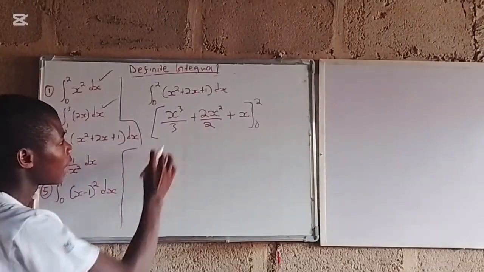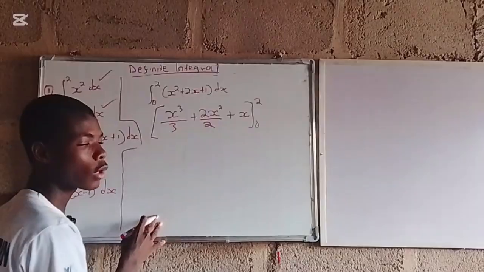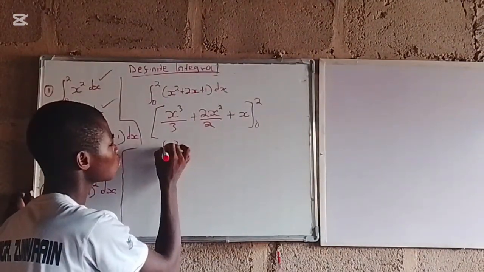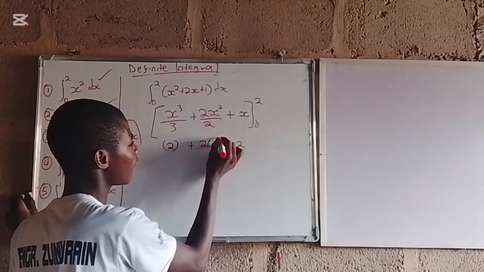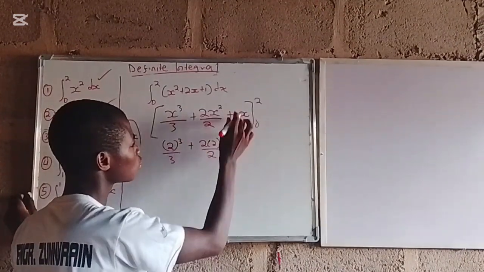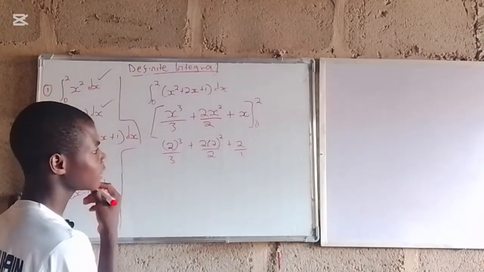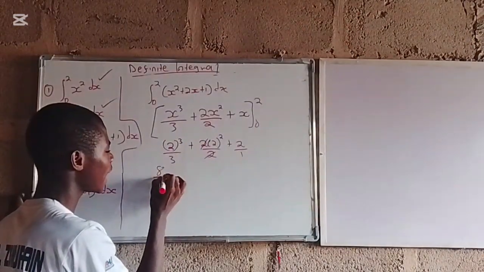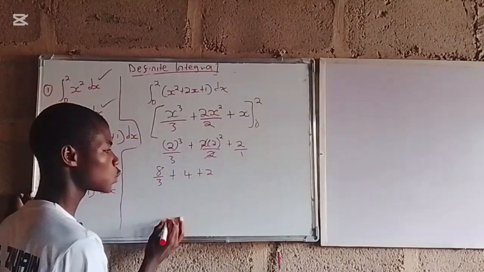At the upper limit, whenever I see x, I insert 2 in its place. So I have 2 cubed over 3, plus 2 squared, where the 2 goes with the 2, plus 2. That gives 8 over 3, plus 2 squared, which is 4, plus 2.